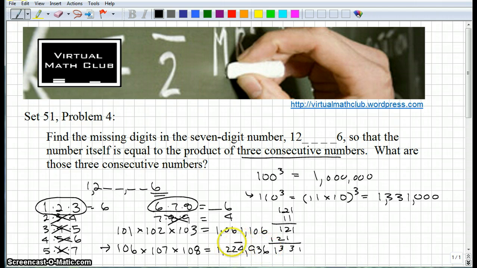This one fits the criteria as far as the digits go, and it's the product of 3 consecutive numbers, or integers, as you probably guessed. So the answer to this problem is that the 3 consecutive integers are 106, 107, and 108, and the number is 1,224,936.